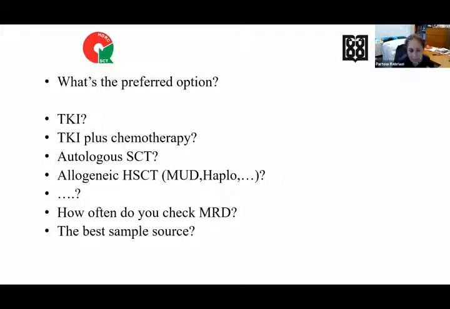Yeah, the Chinese study, I can't remember, was it prospectively assessed, MUD versus haplo? I think it was randomized. 268 patients were randomized into the two groups. Yeah, no, I think that's very compelling.